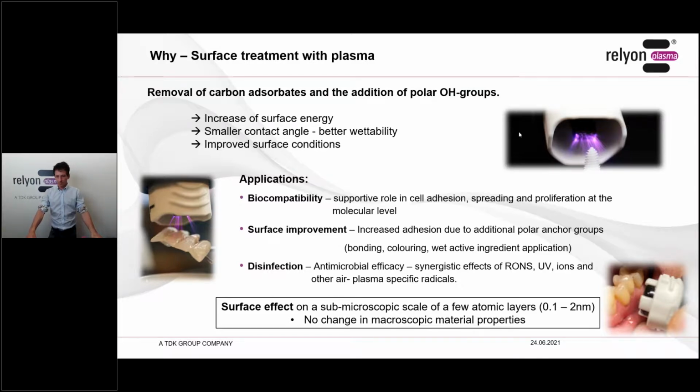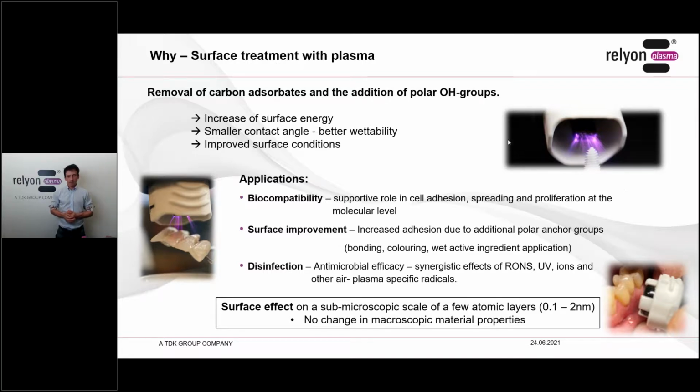Again, Mr. Modifiers already told you that plasma has a disinfection, antimicrobial efficiency, and here are the synergistic effects of reactive oxygen and nitrogen species, UV light, ions, and other plasma-specific radicals, which lead to a disinfection effect on what you're treating.